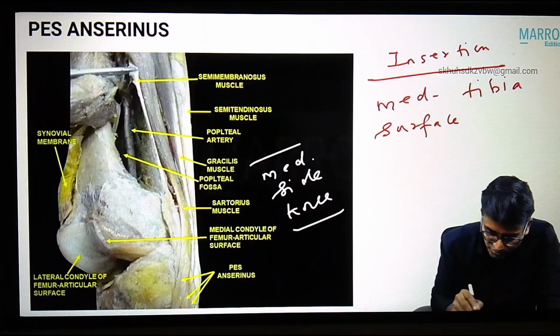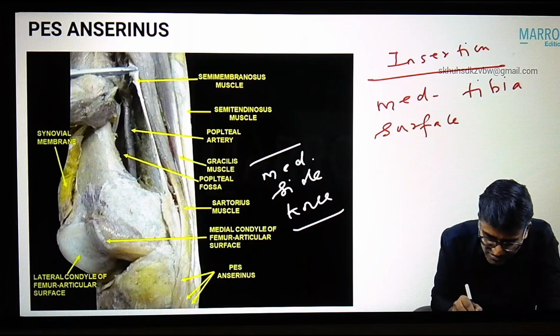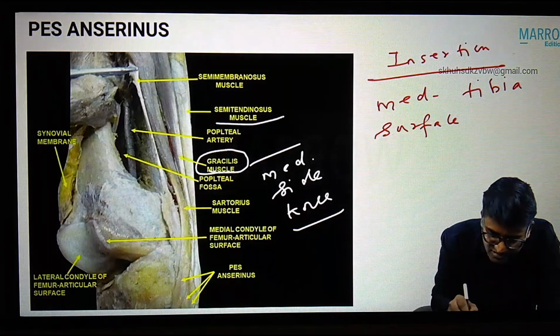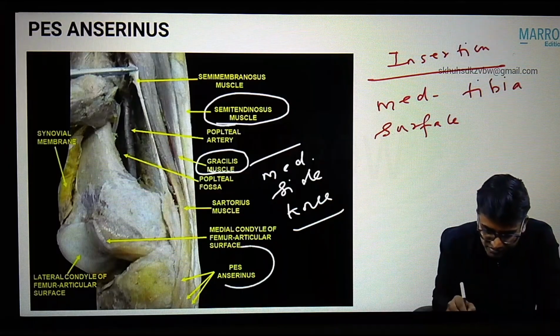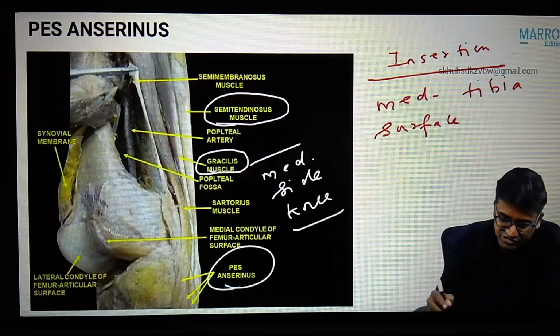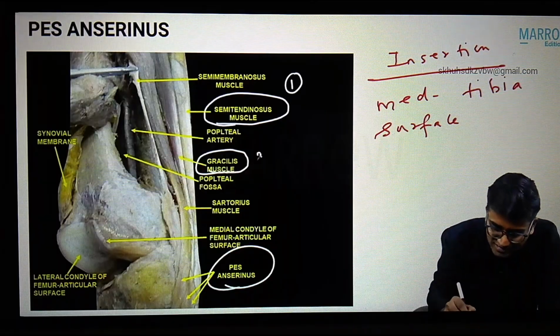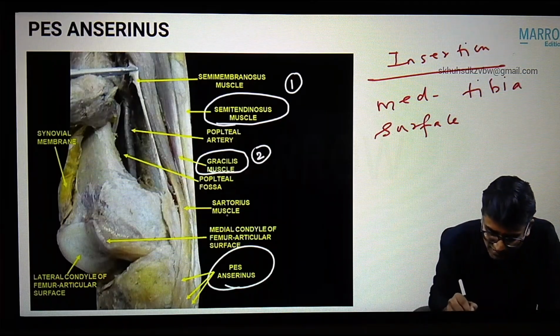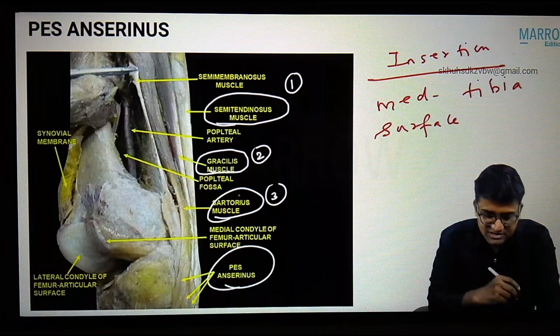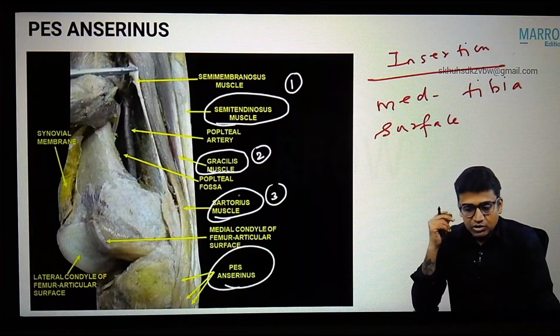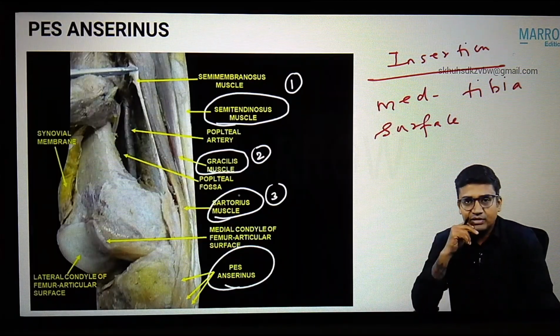What are those? Your gracilis muscle and semitendinosus muscle. So three muscles have their common insertion: the semitendinosus, gracilis, and our sartorius muscle. These three muscles have a common insertion to the medial surface of the tibia.